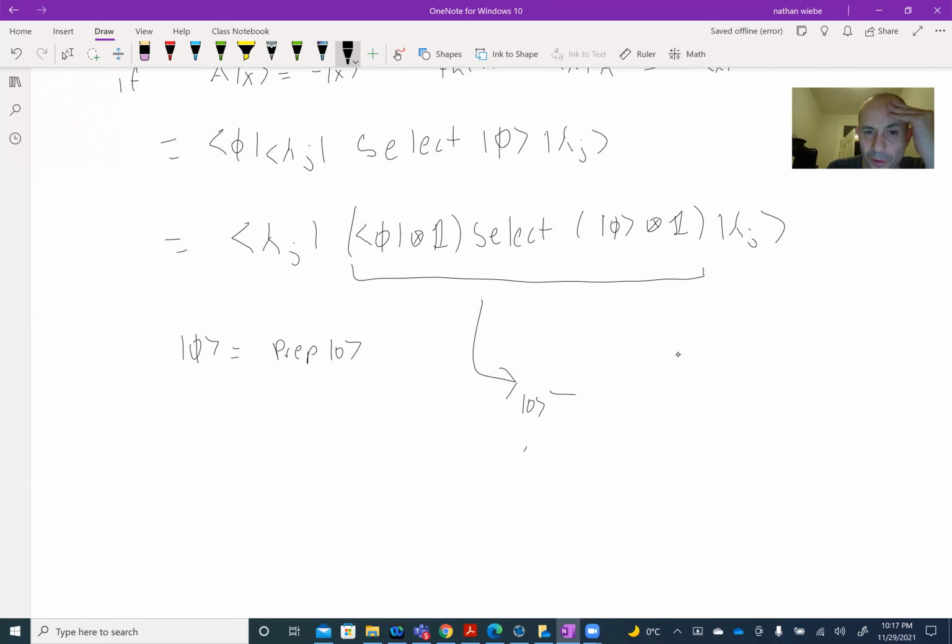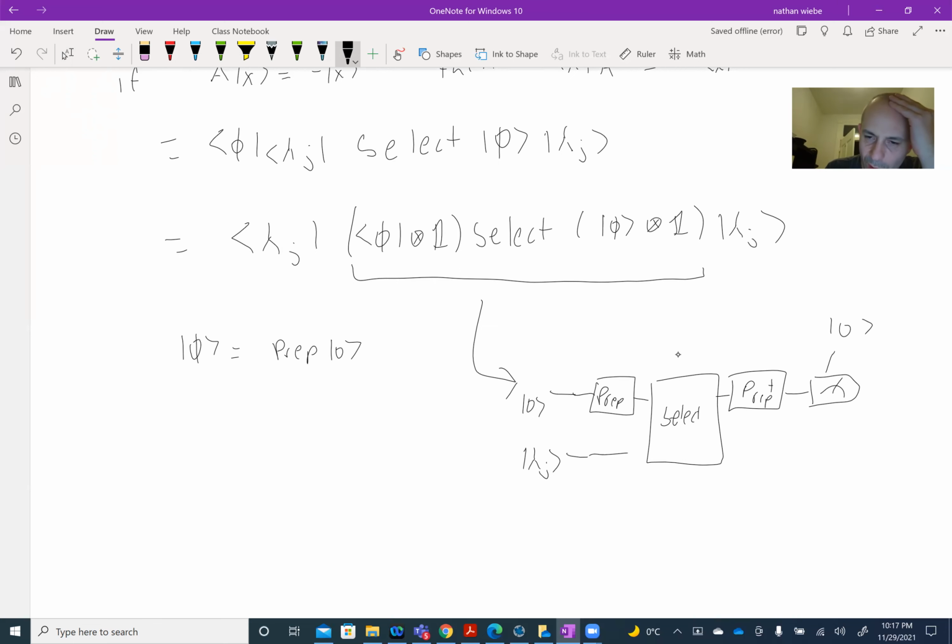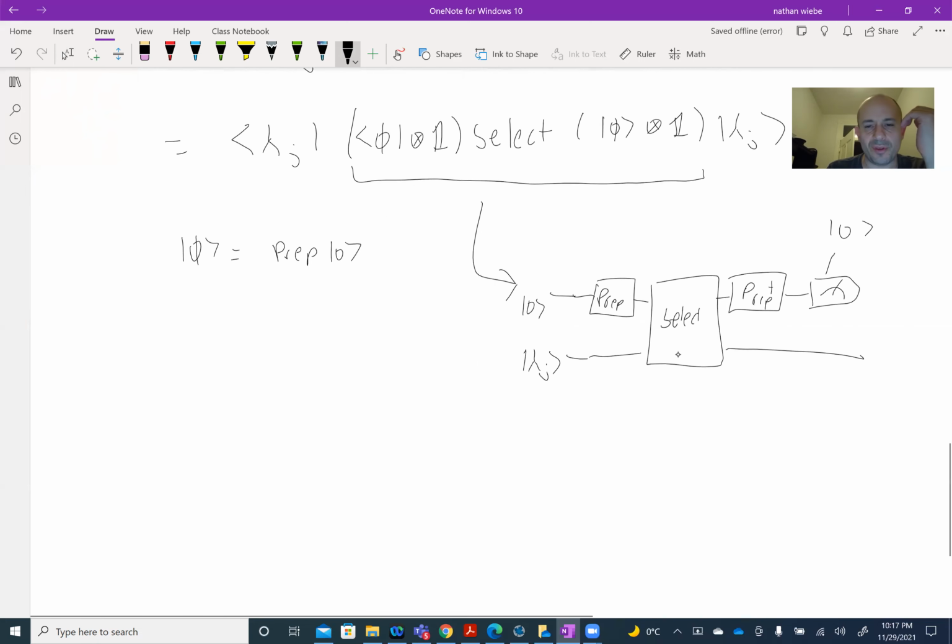Let's prepare 0 up here, prepare lambda sub j down here, and then apply prep, select, then prep dagger. And then we'll project this onto 0. That is the particular outcome whose amplitude this is measuring.